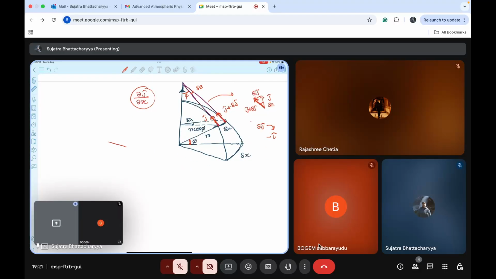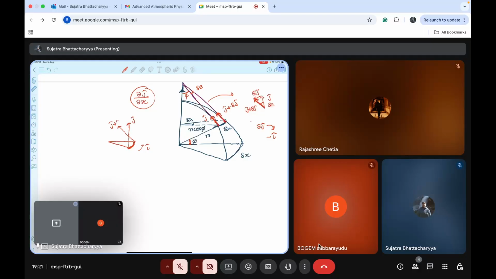So what we are doing is this. See, this is your x direction. This is your plus i hat or plus x, whatever you want. What is happening is that this is what is happening. So this is your j hat and this is your j hat.